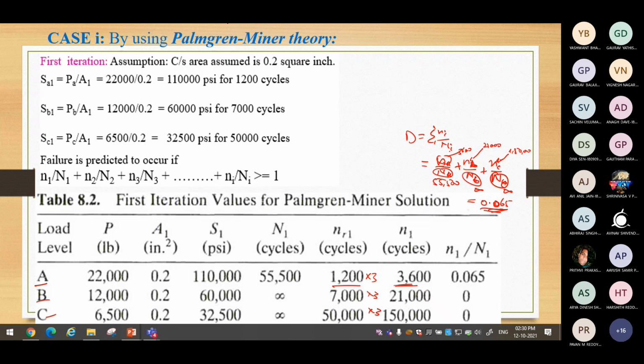Even if you do it individually, once you consider 1200 divided by 55,500, plus you apply the next cycle, that is 7,000 cycles over infinity, plus 50,000 cycles over infinity, then the next cycle.